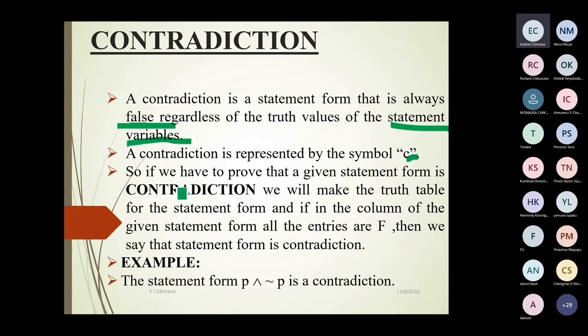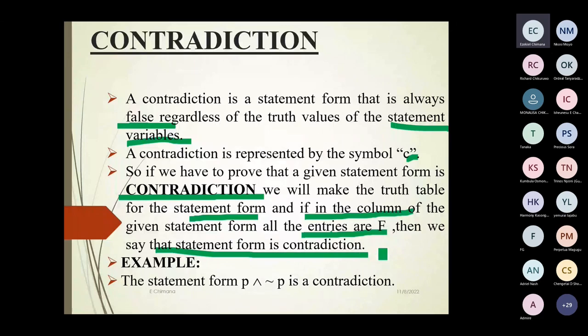So if we have to prove that a given statement form is a contradiction, we will make the truth table for the statement form. And if in the column of the given statement form all the entries are F, then we say that the statement form is a contradiction.